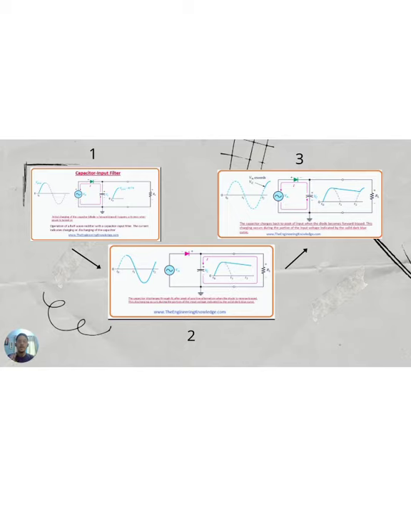We will discuss the filtering process of a half-wave rectifier and expand it to the full-wave rectifier. In figure 1, we can see that the diode is in a forward bias condition during the first quarter of the positive cycle of the input signal. During this cycle, the capacitor gets charged to within 0.7 volt of the peak value of the input.